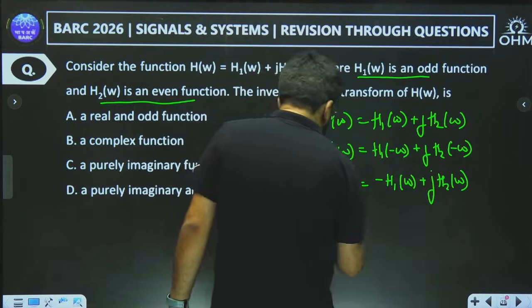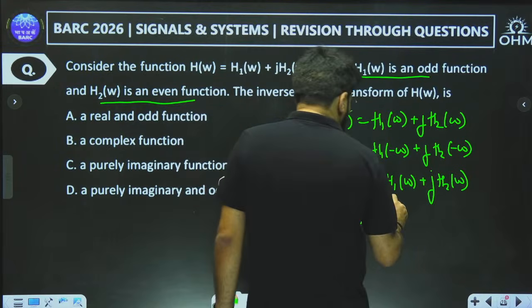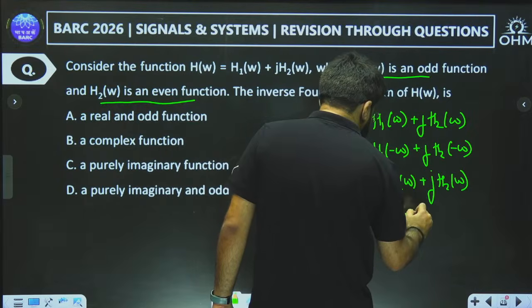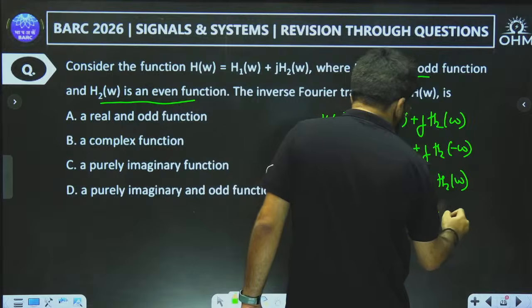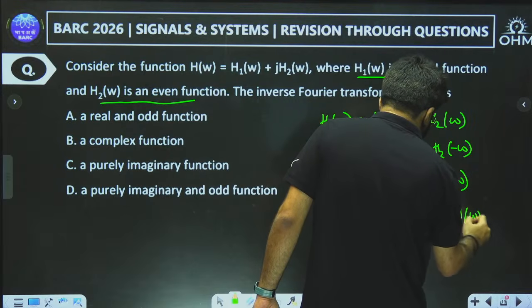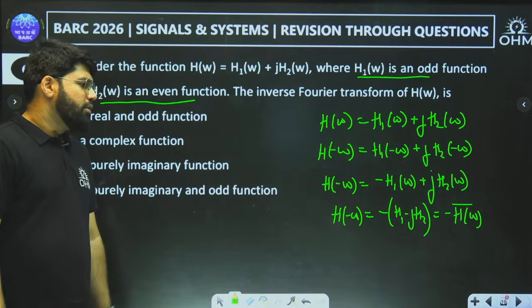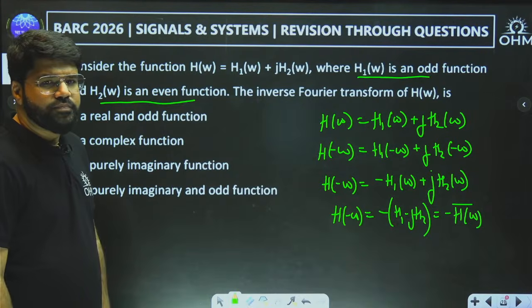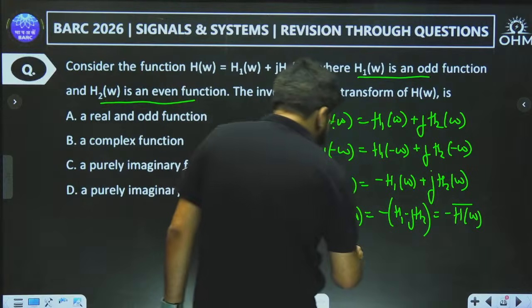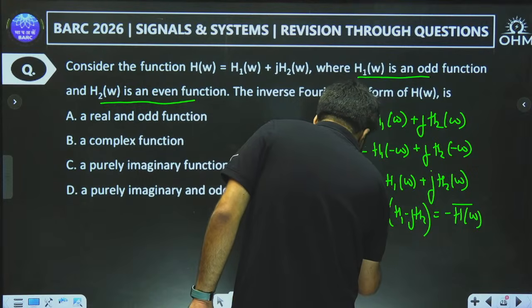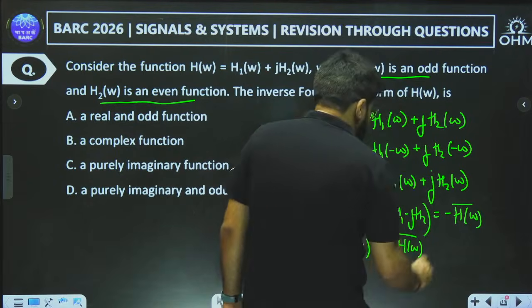Now what is this H(minus omega)? If you take minus outside, what will happen? It is H1 minus jH2, let me write it this way. H1 minus jH2 means conjugate of H(omega). So H(minus omega) is minus of the conjugate of H(omega).